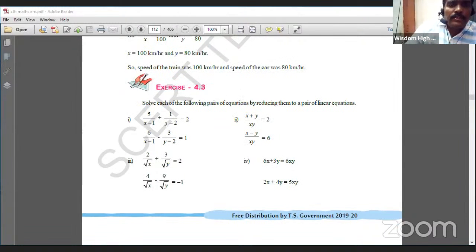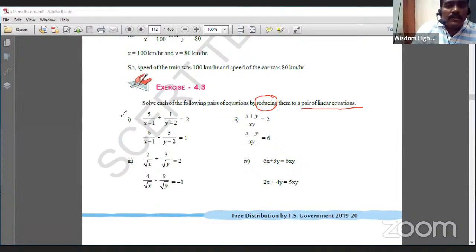Exercise 4.3. Solve each of the following pairs of equations by reducing them into a pair of linear equations. This is the problem. Now, I want to explain a number of problems here.